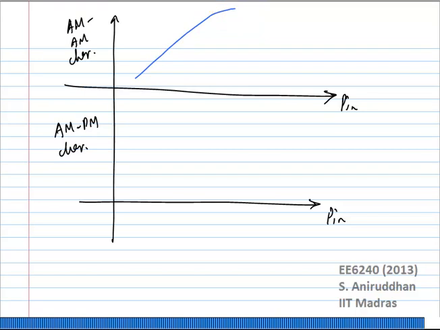Remember, a generalized nonlinear system, A1 VN. Correct?